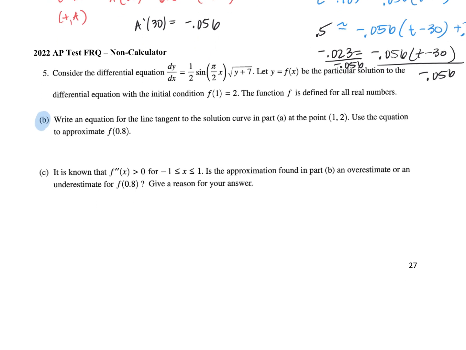Here we go, because these are the 2 most recent tests. Consider this differential equation. Okay, we got a point. They say write the equation of the tangent line at that point. Well, guys, every free response question is worth 9 points. This right here is worth 2 of the 9. If you guys get a 40% on each, on the AP test, you've got a 3, okay?